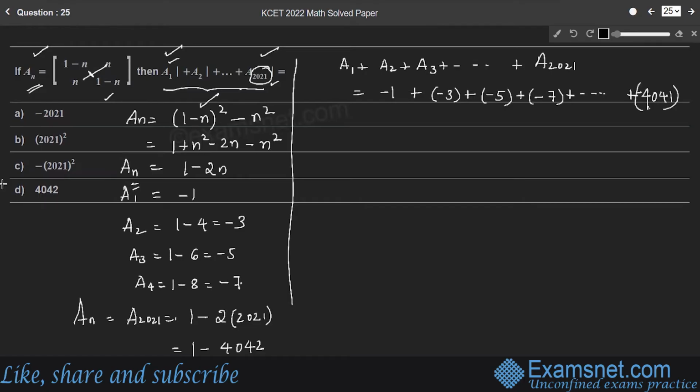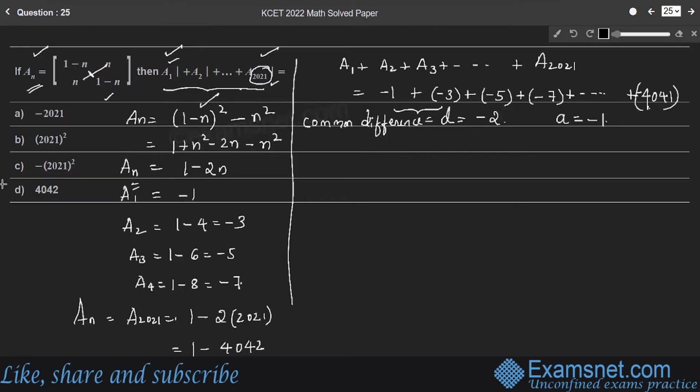So the sum of these terms. Here, students, we have a common difference, right? The common difference D is the difference between consecutive terms, which is minus 2. And the first term A is equal to minus 1. And the last term AN.